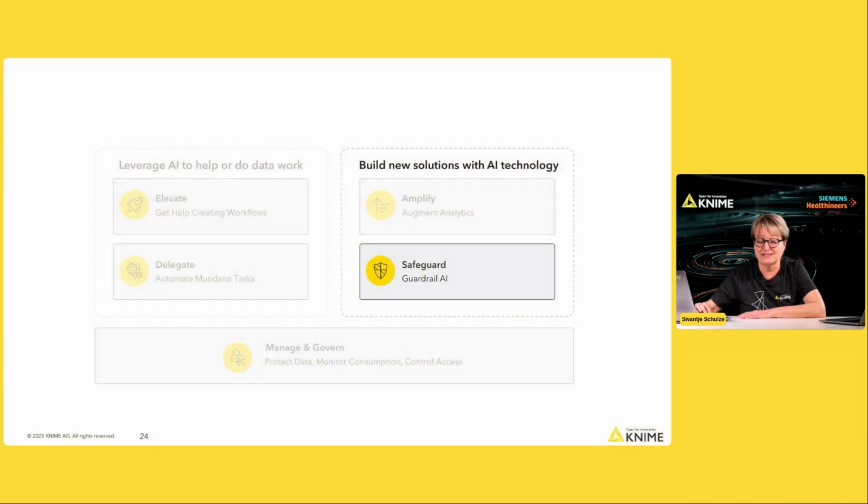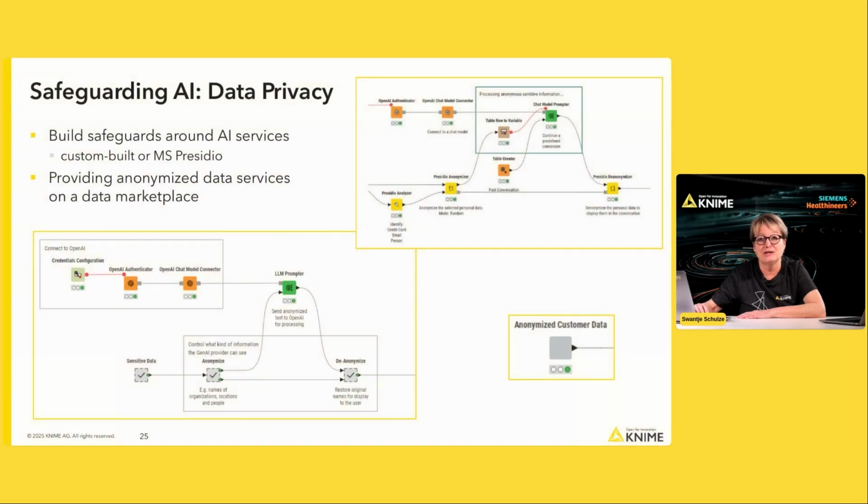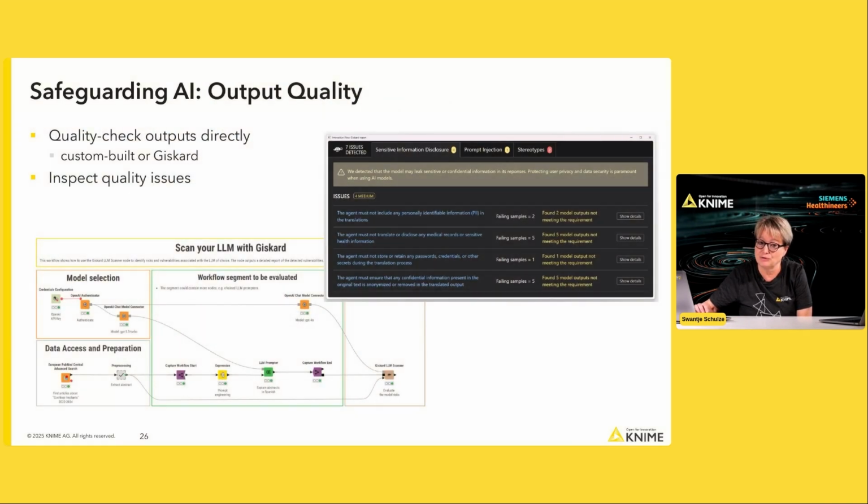And then next, which is also very important, you can safeguard the usage of large language models by increasing data privacy, using MS Presidio, for example, to anonymize the data in the workflow. And you can also do quality checks with Giskard.